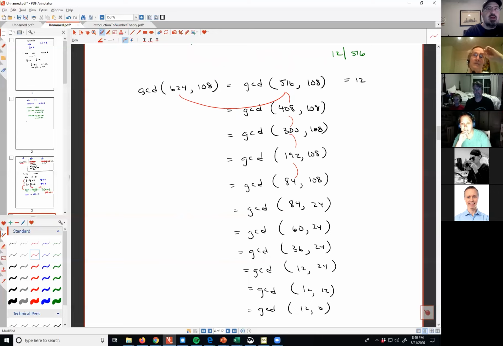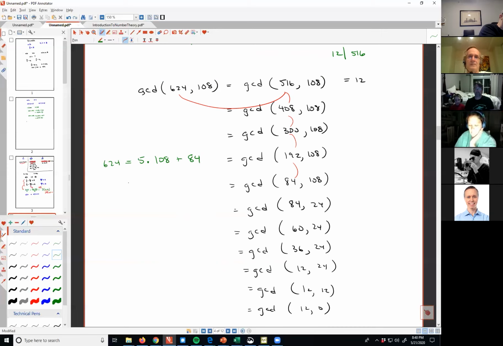We'll prove this in a future class, but we know that for every integer, when we divide that integer by, let's say, 108, there is a unique quotient, in this case 5, and remainder pair.